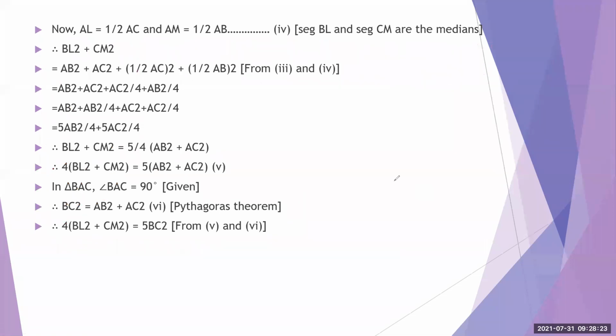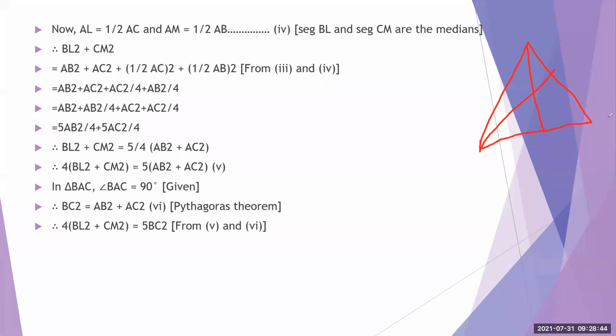Nextly, we know that AL is actually half of AC. What was given about AL? AC's half is given. Your figure was something like this way. We had a figure like this.